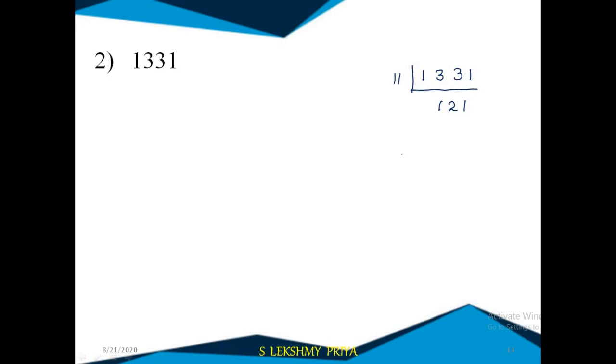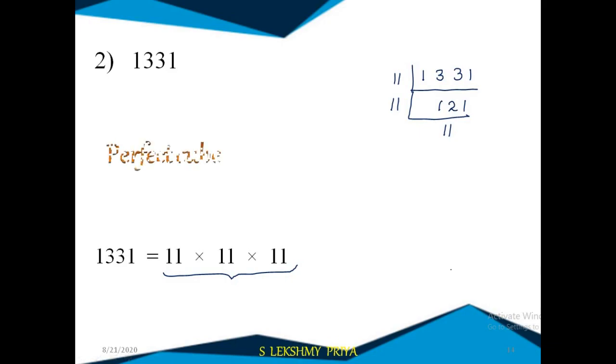So, we can divide 121 by 11. It will be 11 itself. Now, let's express 1331 as the product of prime numbers. It is 11 into 11 into 11. Or we can say that we express it as the triplet of 11. Hence, we can conclude that 1331 is also a perfect cube.